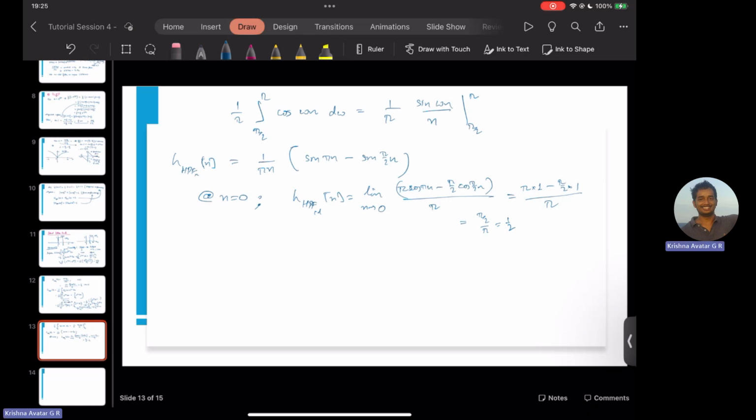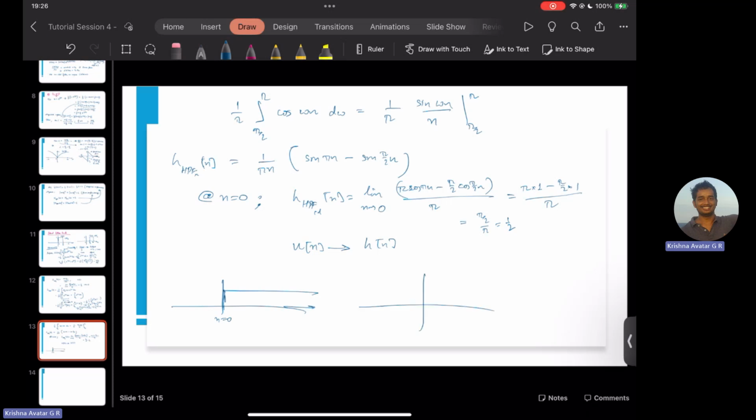The reason for it being non-causal is that the impulse response starts at, for example, n equal to 0, when the input is the impulse.